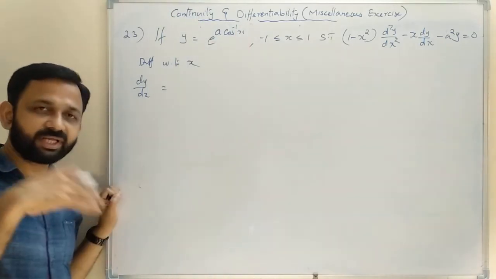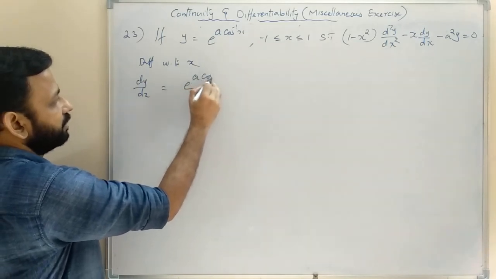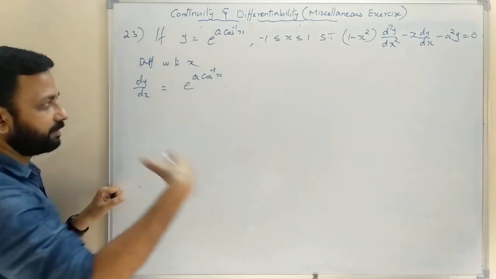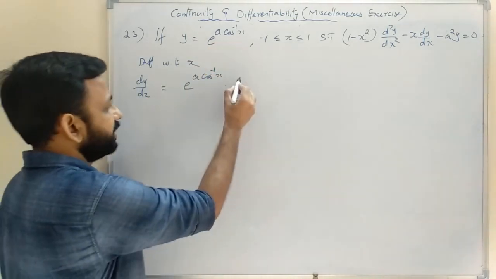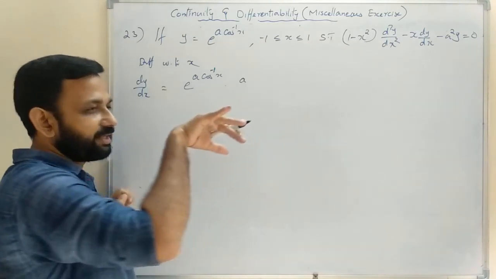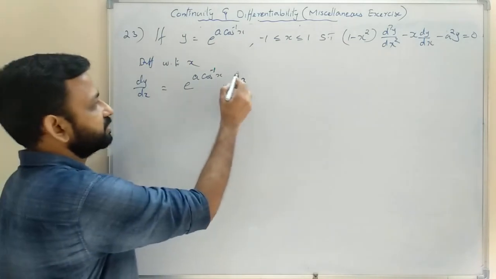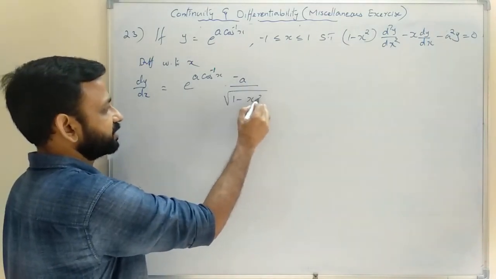The derivative of e raised to x is e raised to x, so e raised to a cos inverse x, same only. Then we have to apply the chain rule. The derivative of a cos inverse x is a into the derivative of cos inverse x, minus 1 upon under root 1 minus x square. So that is minus a upon under root 1 minus x square.